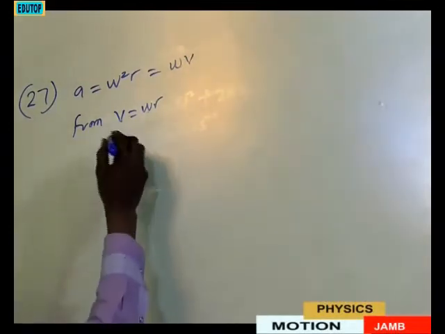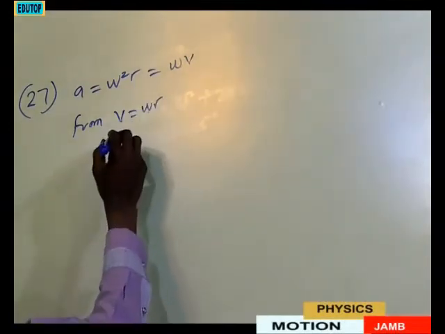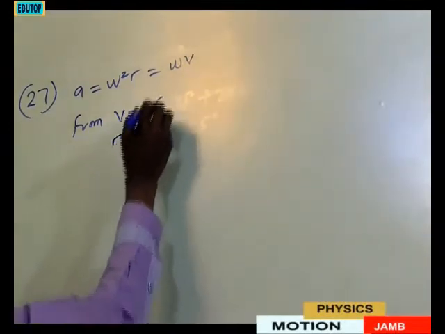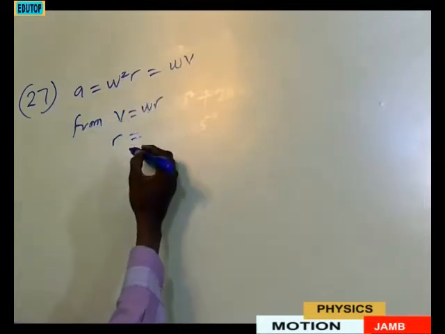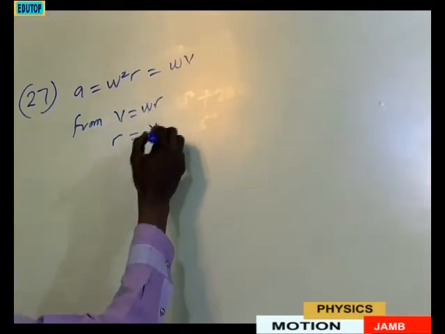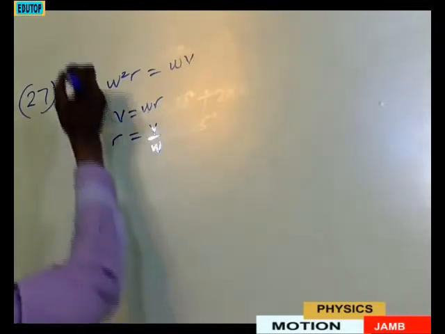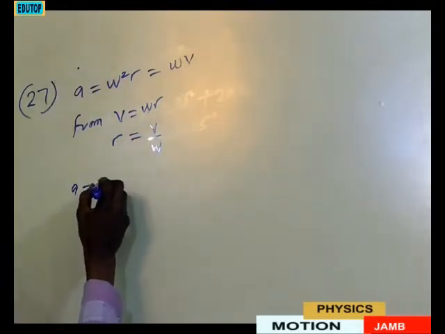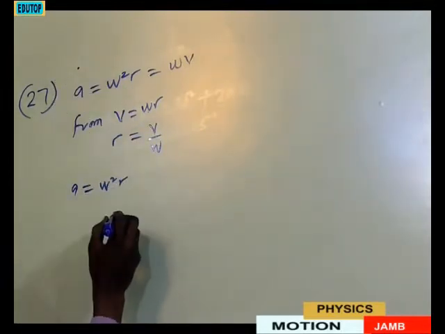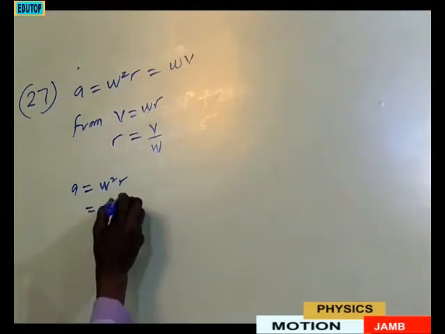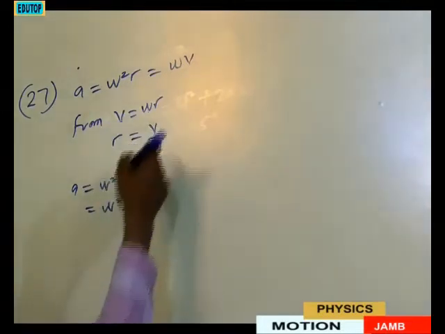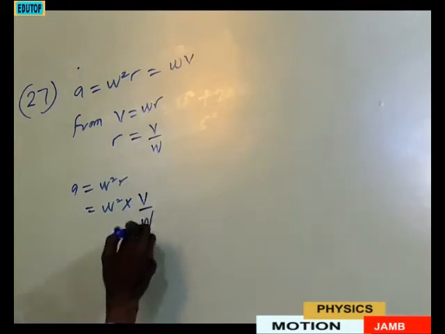If you make r the subject of the formula, we are going to have v over omega. So from here, a is equal to omega squared r, which is equal to omega squared times v over omega.